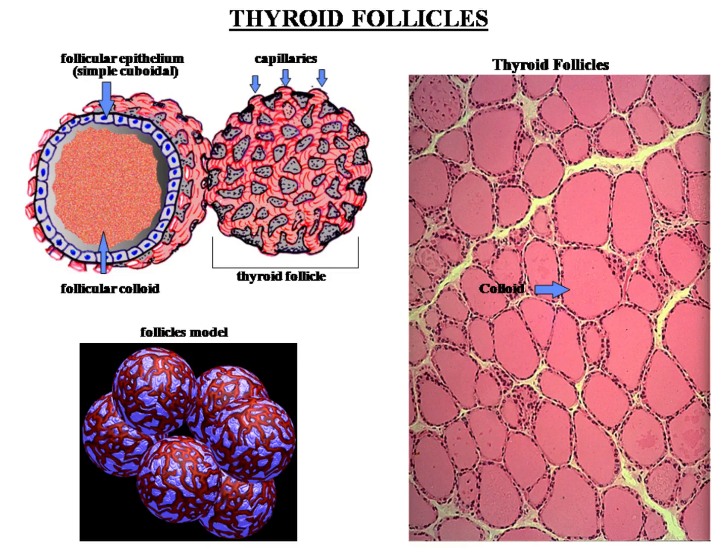Thyroglobulin stains deeply with the PAS reaction. The secretory process is complex and difficult to follow. It involves synthesis of the thyroid hormone, temporary storage and release into the perifollicular capillaries.